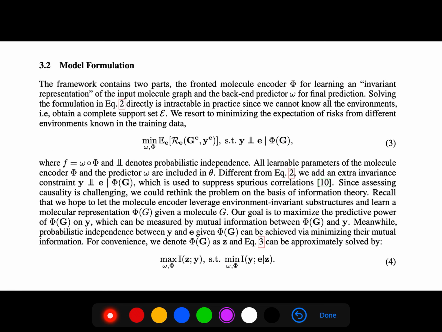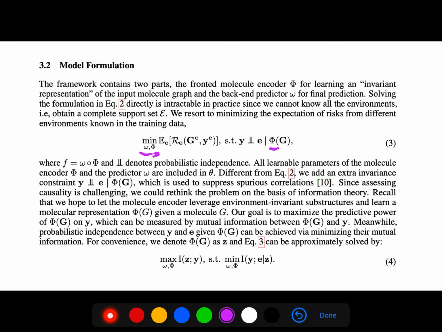But the framework contains two parts. The front-end molecular encoder, this phi, for learning an invariant representation of input graph, and the back-end predictor omega. So both phi and omega should be discovered in this optimization problem.